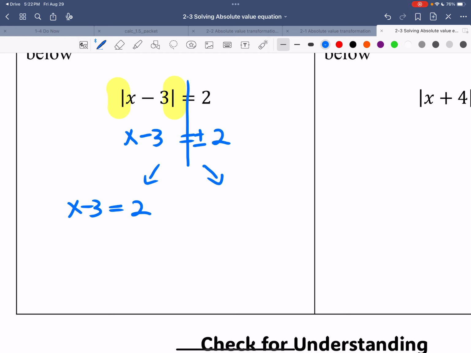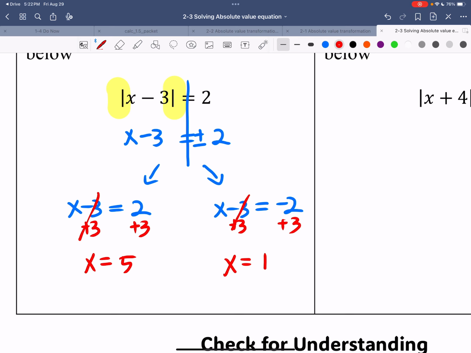I forgot about the equal sign here. x minus 3 equals negative 2. Yep, simple. You just solve it. You get x equals 5. You get x equals 1.